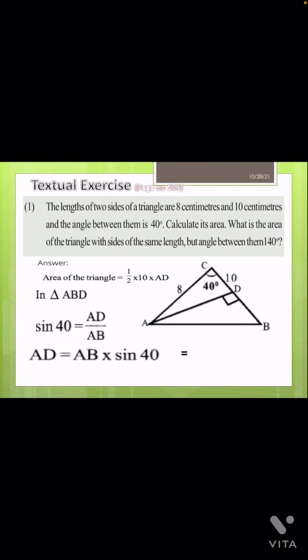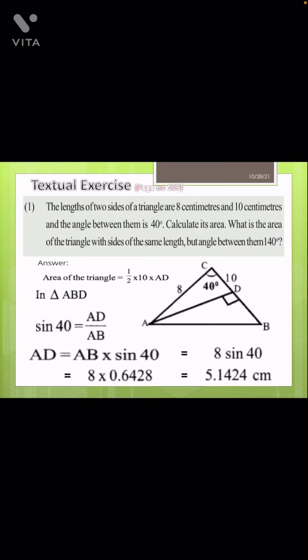It is 0.6428 and AB is 8. So, it will be 8 multiplied by 0.6428. It will be 5.1424 centimeter.